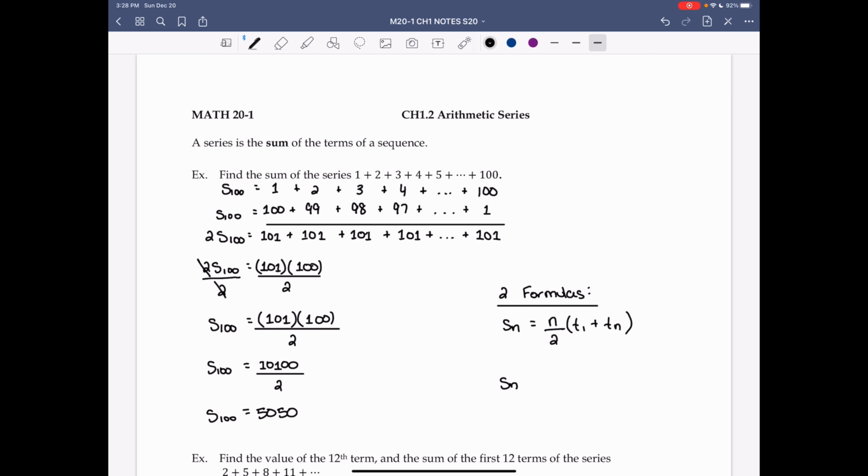Or Sn equals n divided by 2 times 2t1 plus n minus 1 times d. So you would use the first formula if you know tn, the nth term of the series, and you would use the second formula if you don't know the nth term.